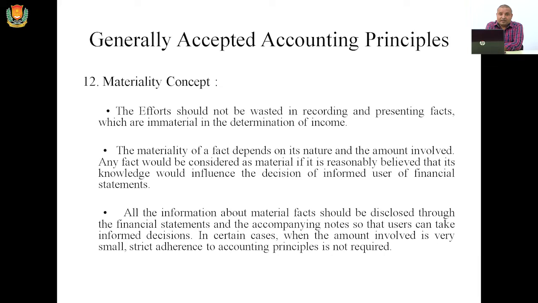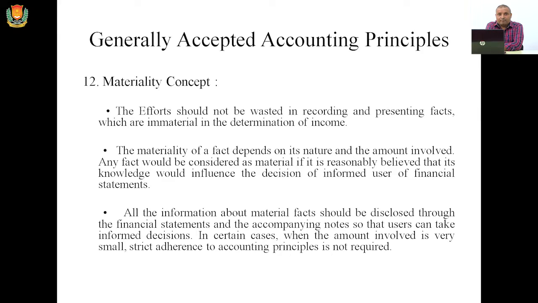The cost of a pen is rupees 10, and the cost of recording the transaction becomes more than rupees 10. If it is generalized, if it is entered into the ledger, if it is entered into the balance sheet, then the cost of recording the transaction should not be more than the cost of the transaction itself.